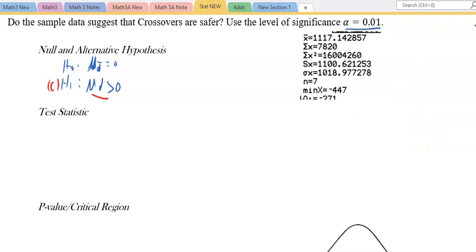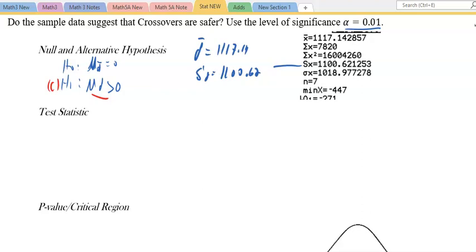What I need out of this is the average, and the standard deviation. The average happened to be 1117.14, and the standard deviation would be 1100.62. Alright, that's pretty much all I need out of this.